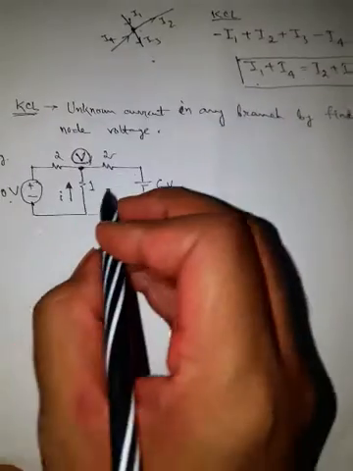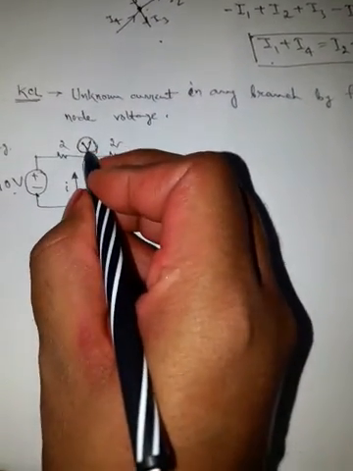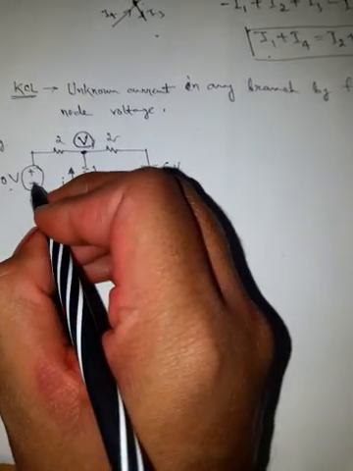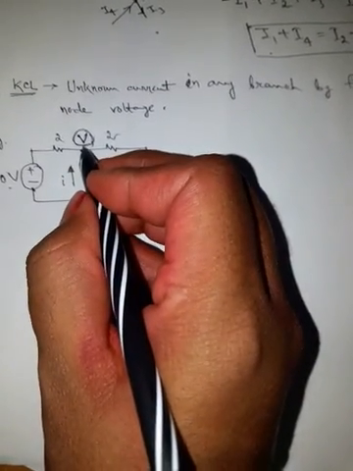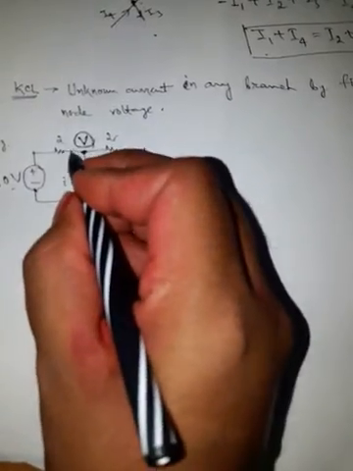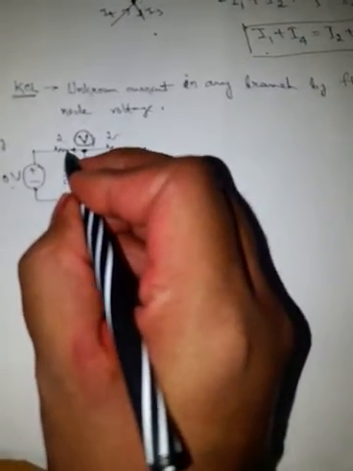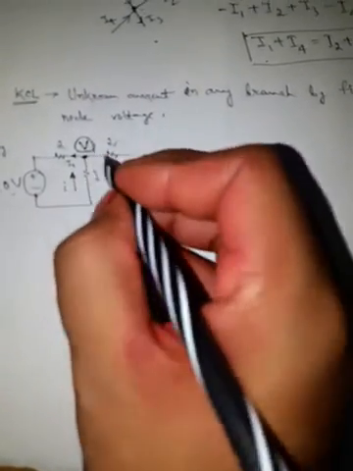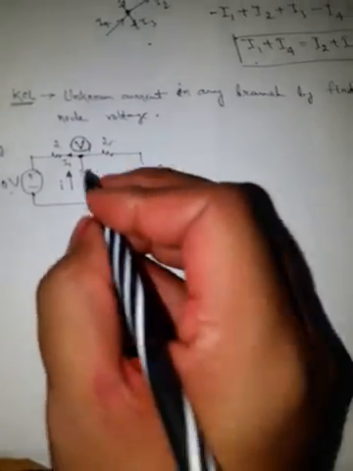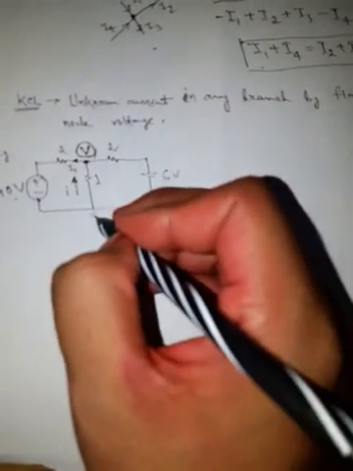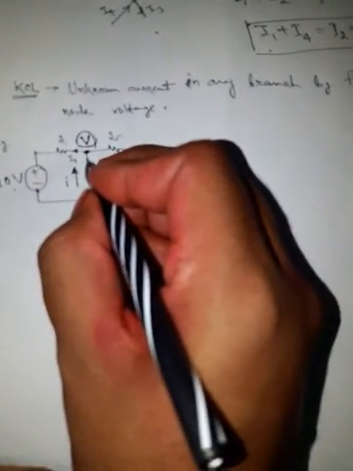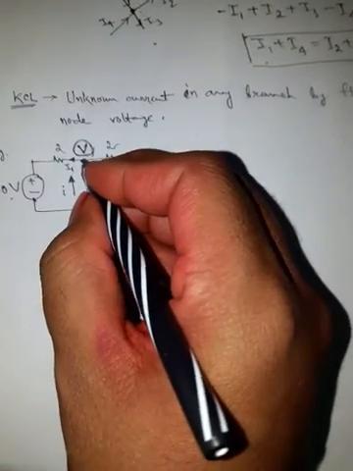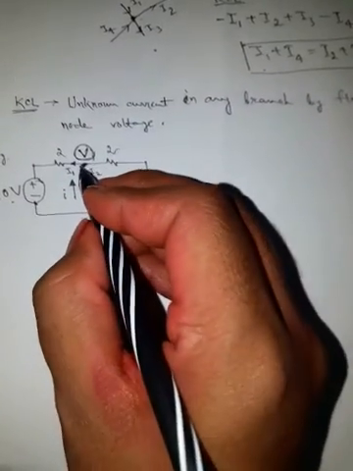As this is greater than this voltage, the current direction will be from this point to this, as current flows from high voltage to low voltage. So I assume this current, I1, flows in this direction. Another is V, and this is ground potential, so V is greater than this voltage, so I take I2 flowing downward from this node.